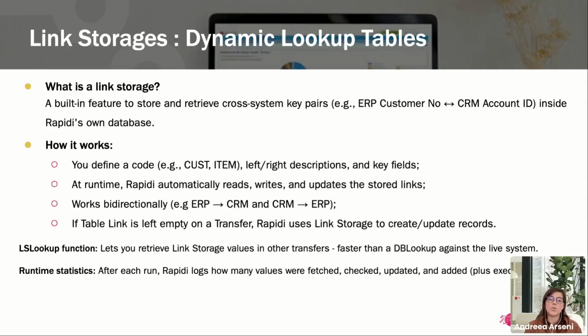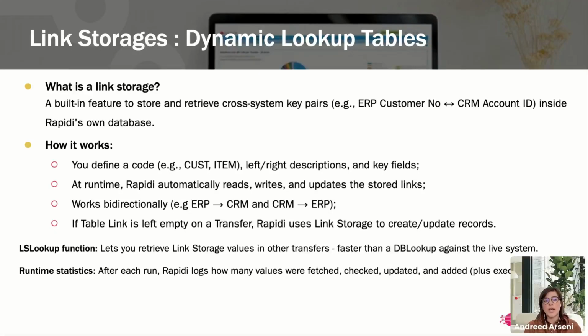You can set up the link storage and store the information that you need. And obviously, if the table link, the key fields on your transfer, that section there, is left blank or is disabled, then Rapidi will use the link storage to create and update records. I will go through that in a few seconds.